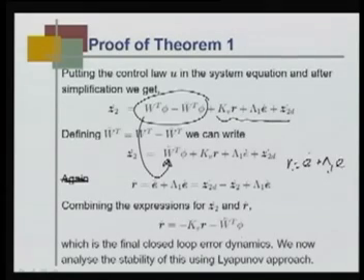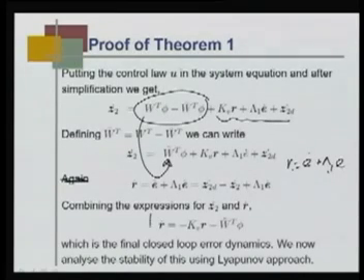Combining this expression, we get the closed error dynamics. The closed error dynamics is R dot is minus KVR minus W tilde transpose phi, which is the final closed loop dynamics. We now analyze the stability of this using a Lyapunov function.